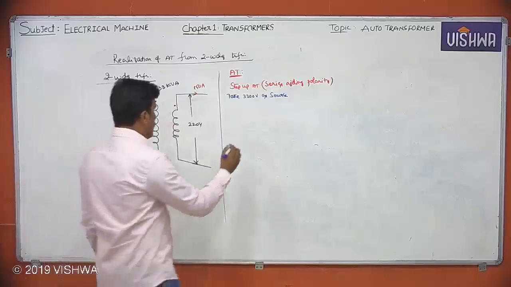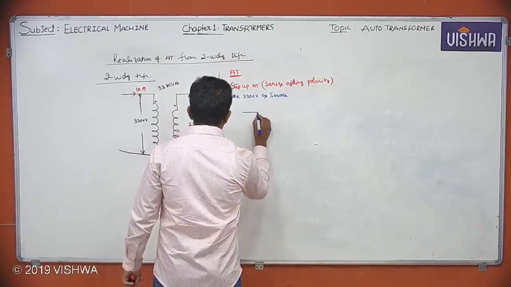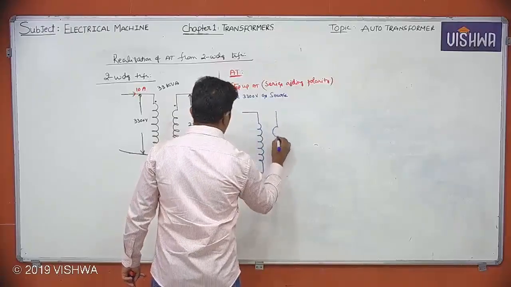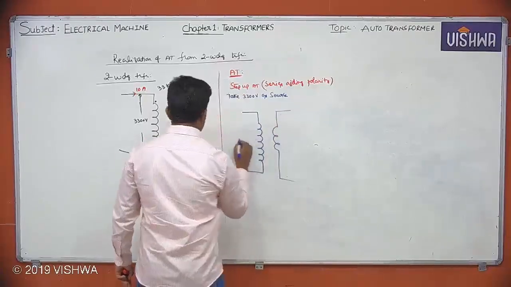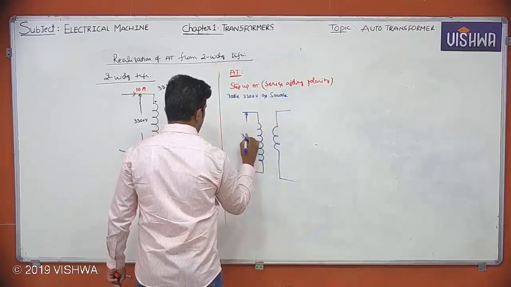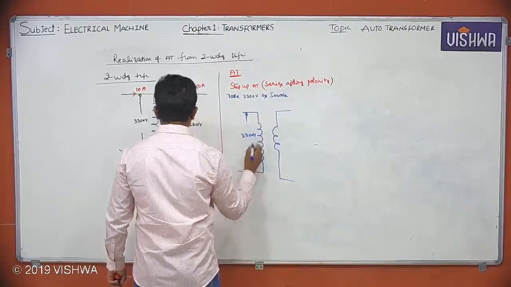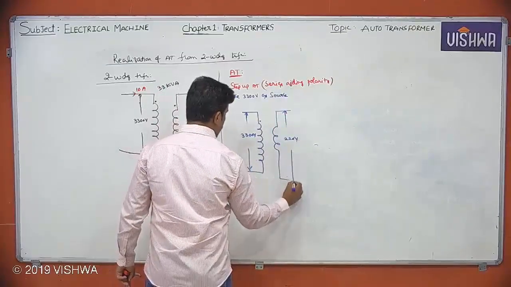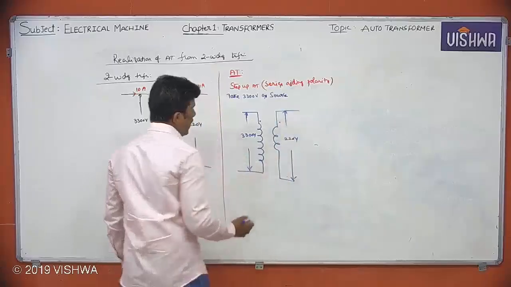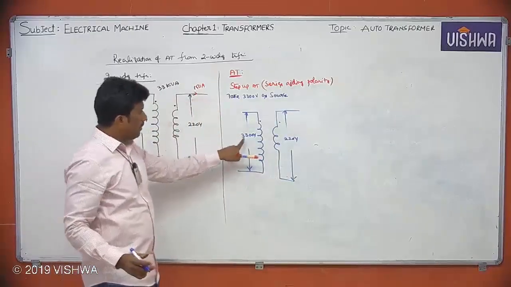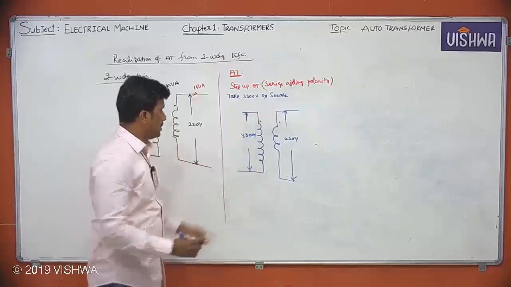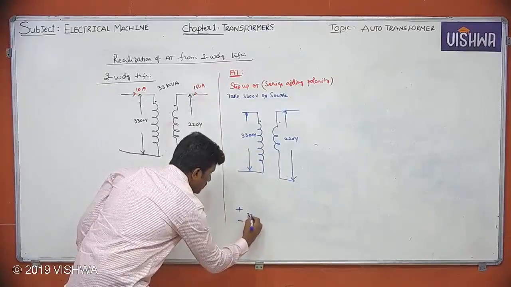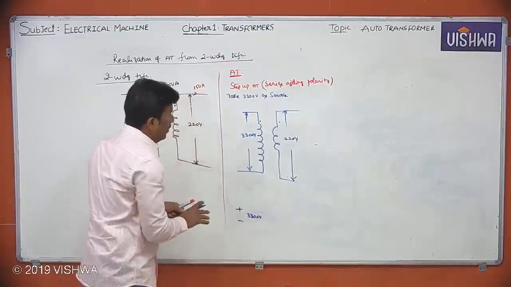That is the output voltage of your step-up transformer. So first of all, how are you going to convert? Let me draw the two-winding transformer once again. This is the 3300 volts winding having a dot here, and this is the 220 volts winding having a dot here. You have to use the 3300 volts as source, plus minus here.